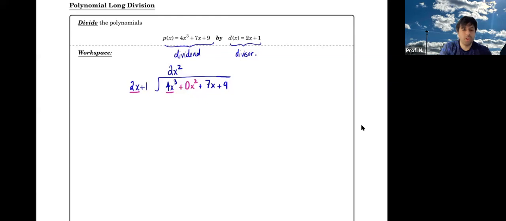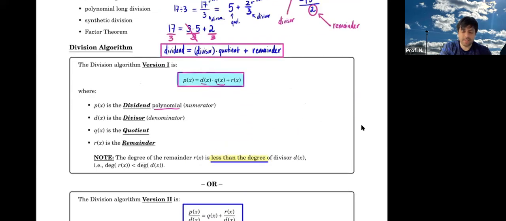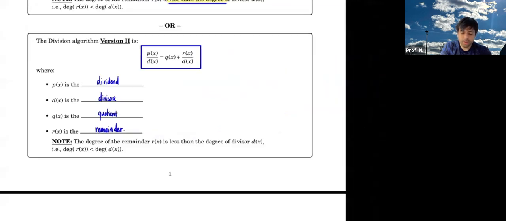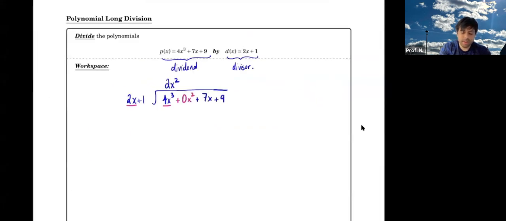And now recall how we did the exact same thing for this simple example. We took the quotient, this number here, and we multiplied it to 3. We're going to do the exact same thing here, except that now they're polynomials. We're going to multiply 2x squared to this entire divisor.